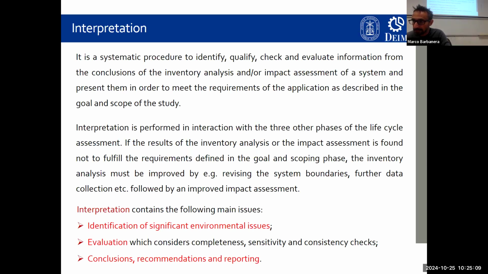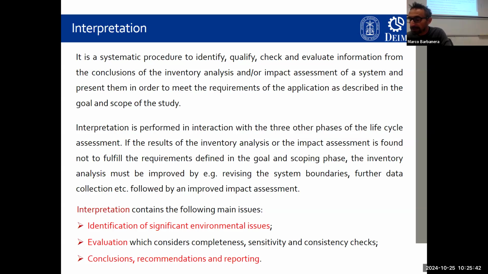At this step, the main issues, the main points, first of all, is the identification of the most significant environmental impacts of our product to be analyzed.